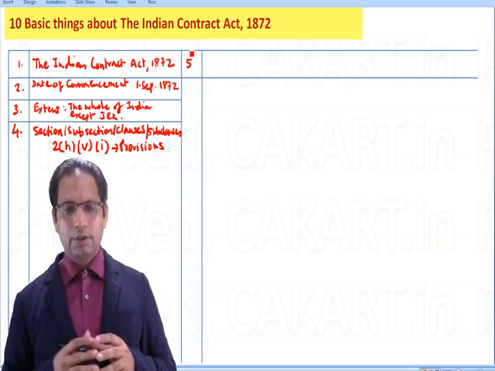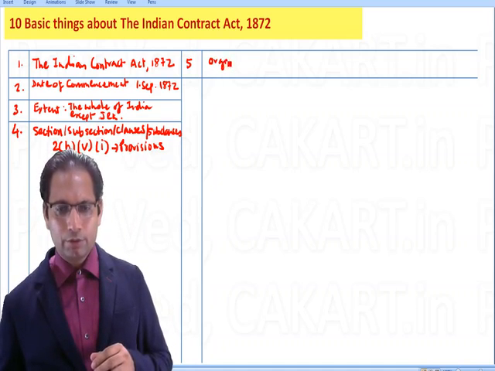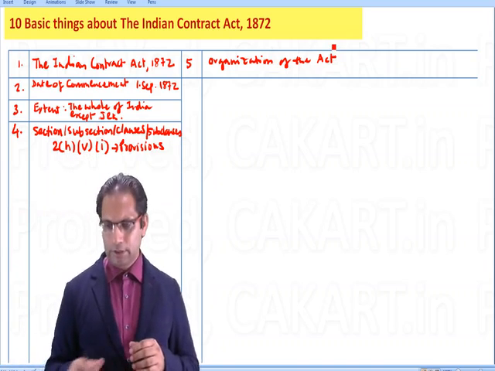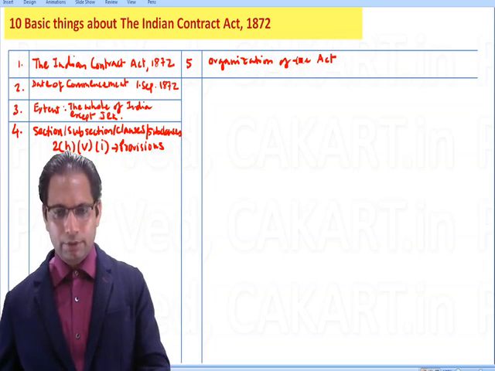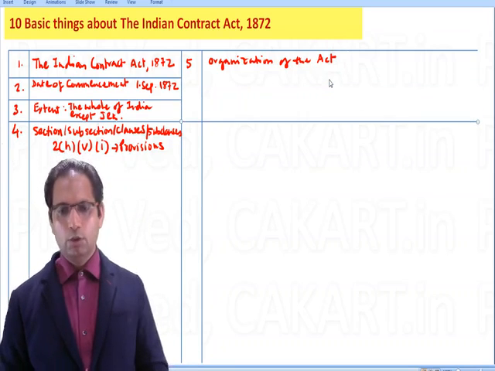Number 5, class, to remember is we are going to discuss something called the organization of the Act. How is it organized? That we are going to look at.